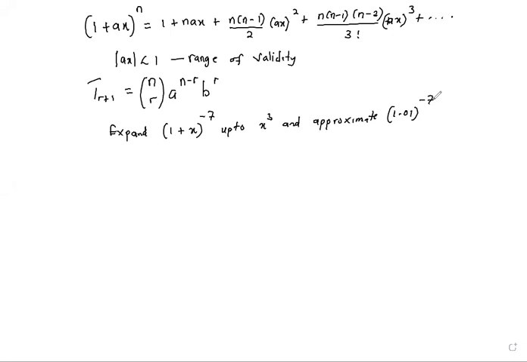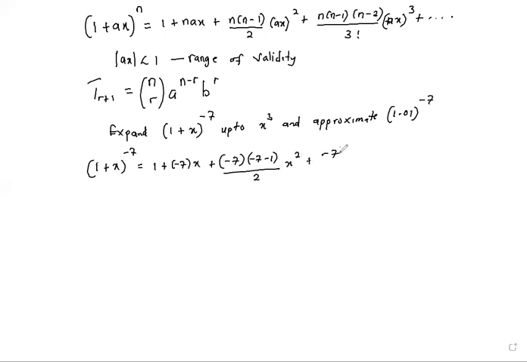So if we go back to our formula, when you pick 1 plus x power minus 7, I'll start expanding. You just substitute there. Where there's n, there'll be minus 7. And then minus 7 and minus 7 minus 1. We're dividing by 2, x squared.